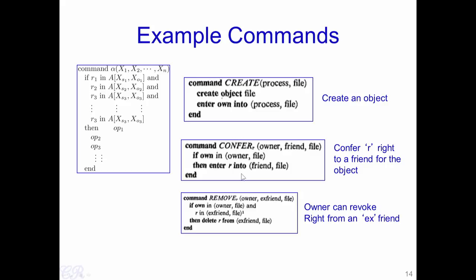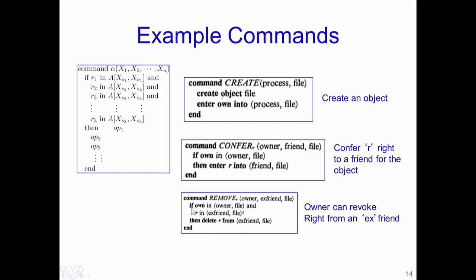Similarly, we can have another example where we can remove a right from an X friend. We are passing this particular command 3 parameters, the owner, X friend and the file. Essentially what we want to do is revoke the particular right R from this X friend, which is another subject.